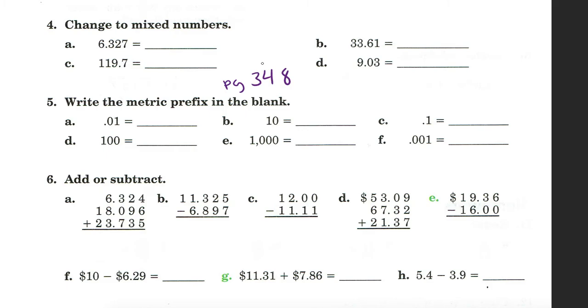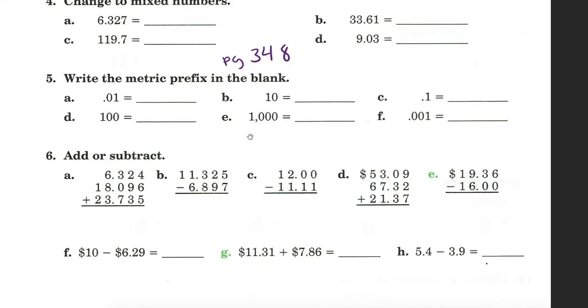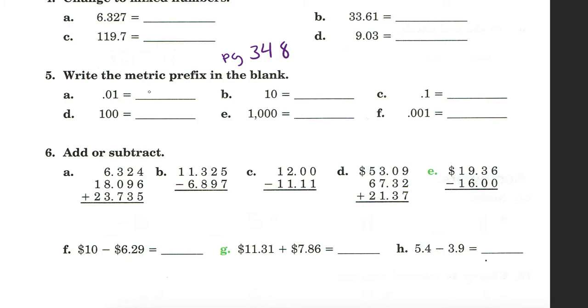Sorry. You might have to just look it up on the internet or something. But it's on page 348. Let me look real quick, see if any of the previous pages have the metric system. Sorry, I'm not sure. If I find one, I'll add it in the description at the bottom. All right. But the first one, 0.01, you know that's centi, right?